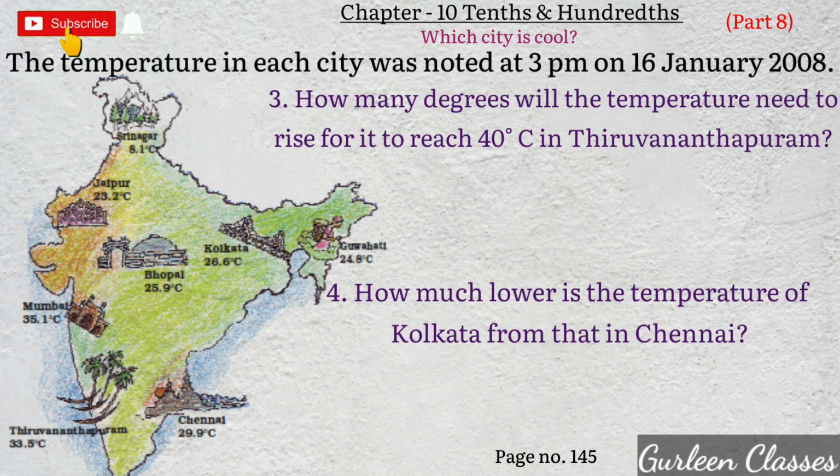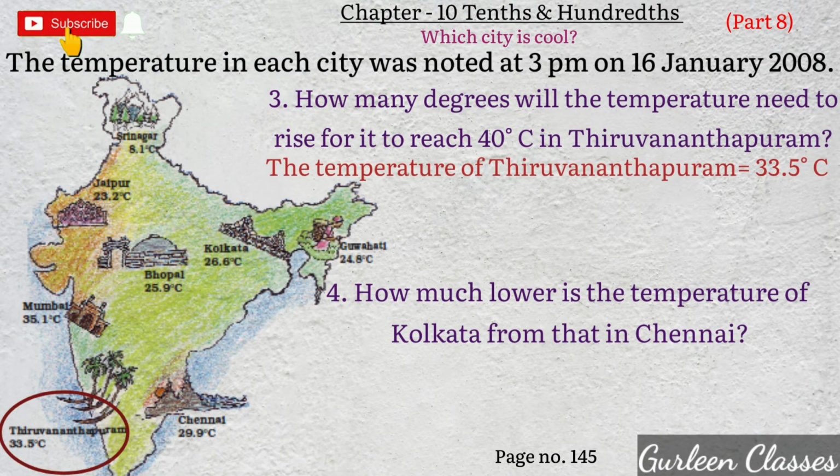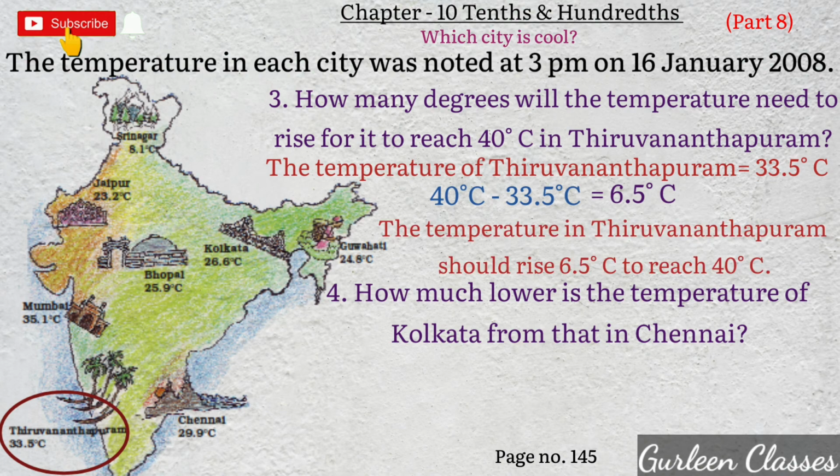How many degrees will the temperature need to rise for it to reach 40 degrees Celsius in Thiruvananthapuram? So the temperature of Thiruvananthapuram is 33.5 degrees Celsius. So now we will subtract 40 degrees Celsius minus 33.5 degrees Celsius. It is coming 6.5 degrees Celsius. So here we will write the temperature in Thiruvananthapuram should rise 6.5 degrees Celsius to reach 40 degrees Celsius.